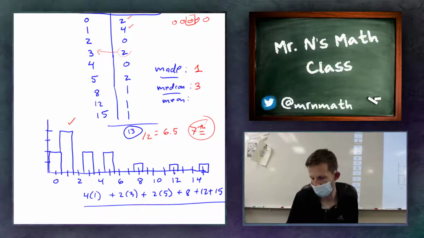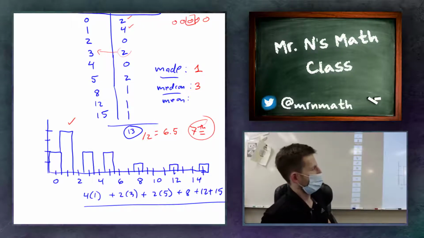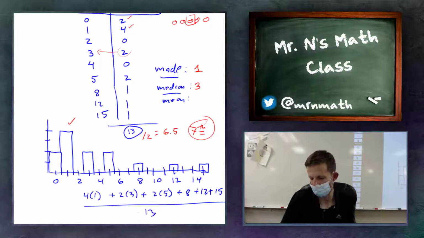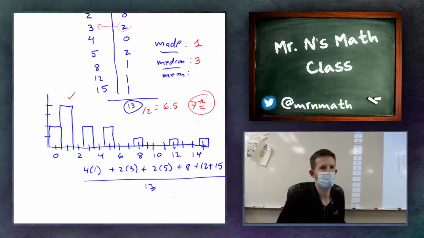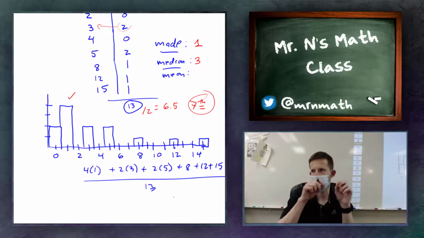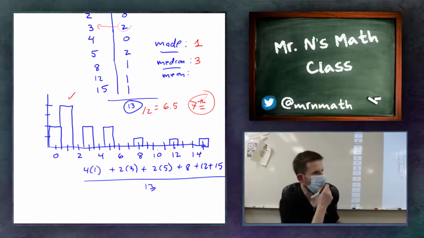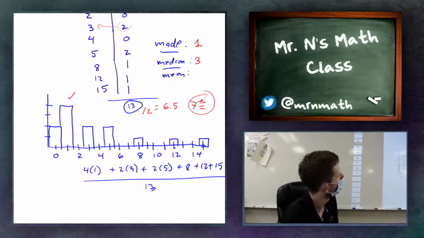And I want to divide all of that by how many? 13, because that's how many students I have. So I can use this grouped data to find the mean much, much quicker than adding all of them individually, because I already have 4 1s and 2 3s, et cetera. So find the mean.